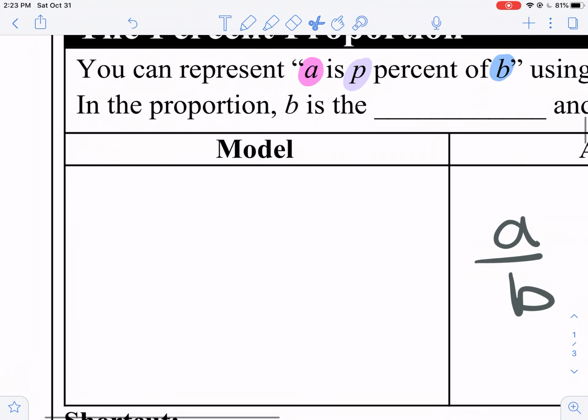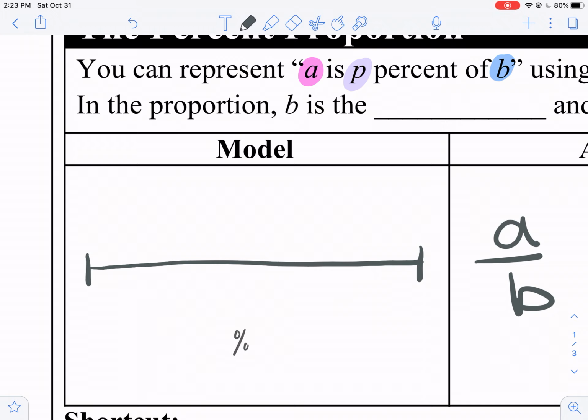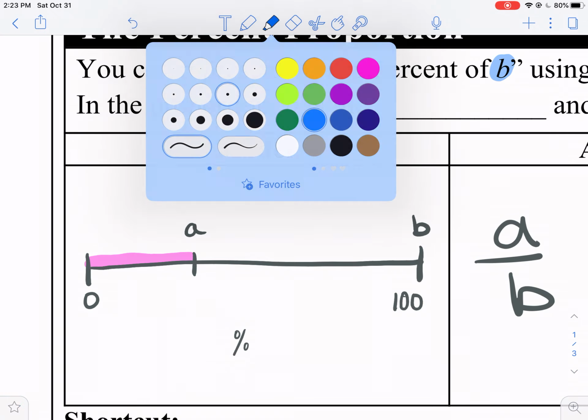Now I'm going to draw out what's happening to you. If you have A is P percent of B, then you have this kind of model, right? And percents, these are fun. Percents go from 0 to 100, right? But let's say you've got some number A, and that's out of B. We could create some sort of fraction here, like A over B, you have B in total.